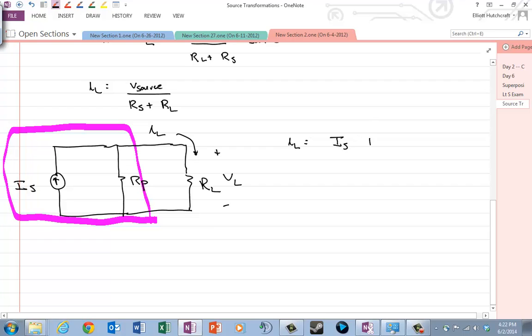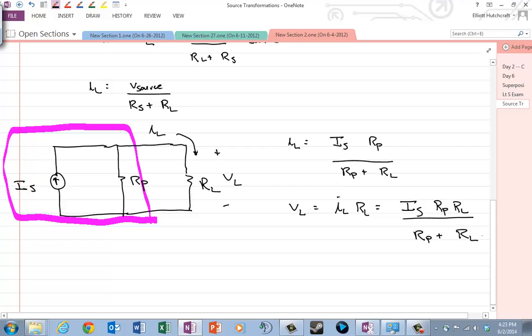We'll get RP over RP plus RL. And VL is just IL times RL, and so that will be IS RP RL over RP plus RL.